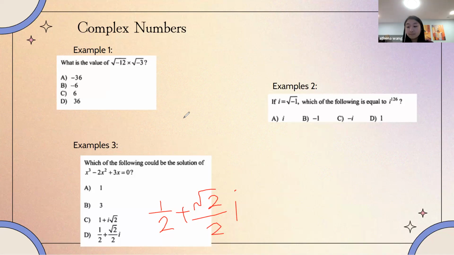Okay. I got one answer so far. But we can go over this.